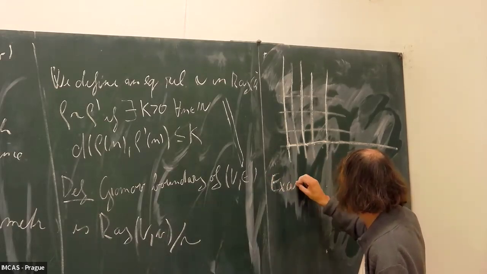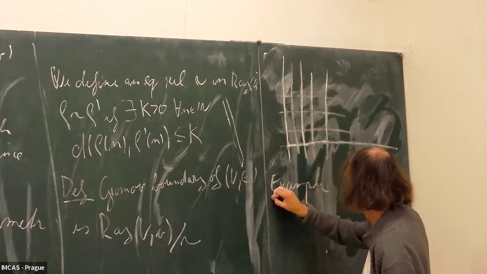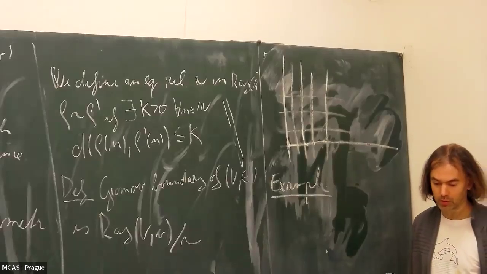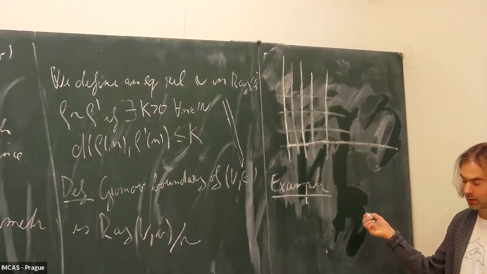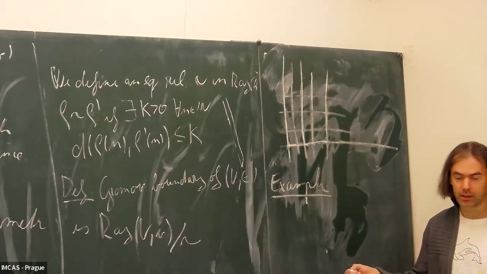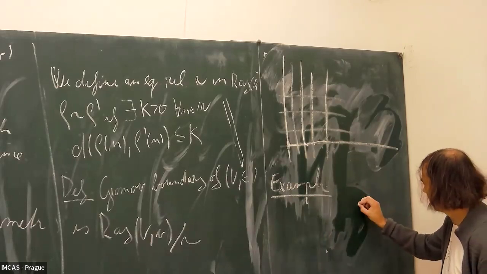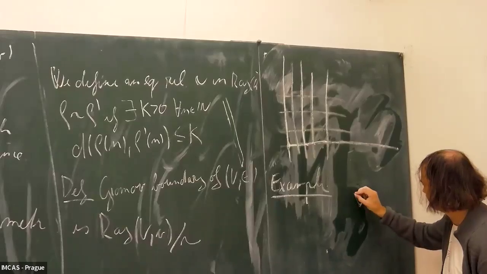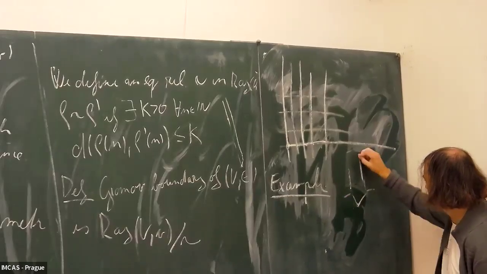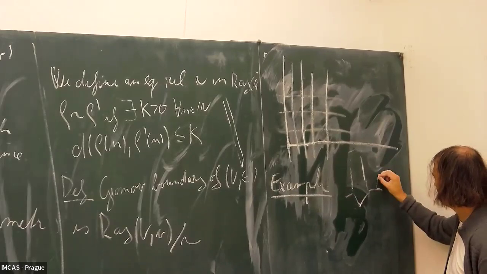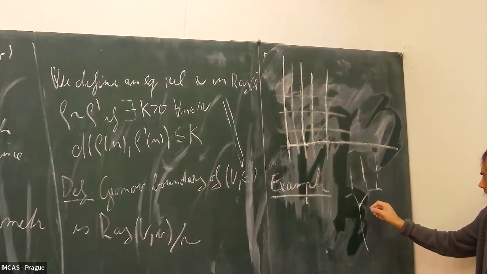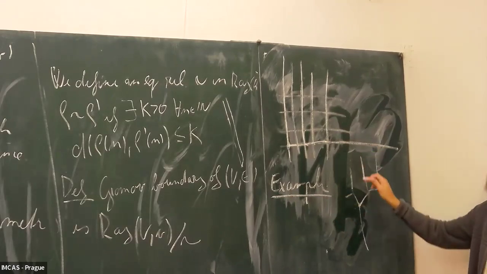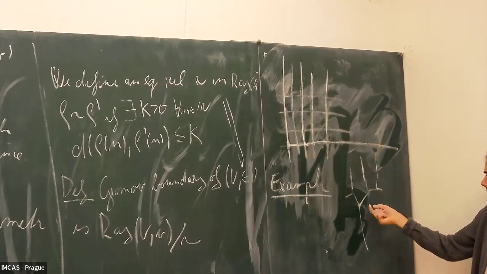So, examples. I will define the groups later, but first just this basic example: locally finite infinite trees. When we have a locally finite infinite tree, a graph which is locally finite and without cycles, then, with this base point, the boundary is the set of all rays.